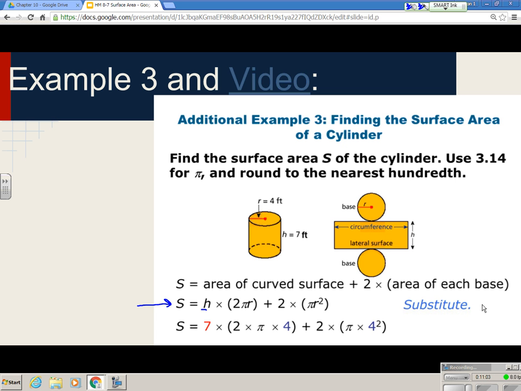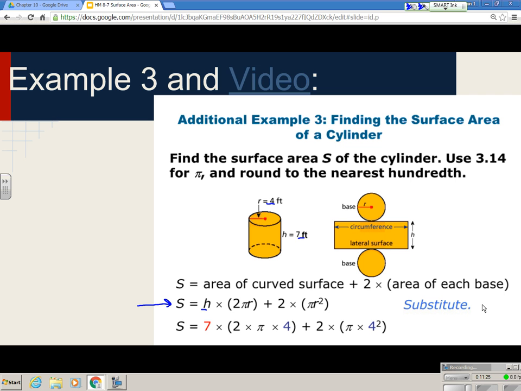So it's always going to be h for height, which here is 7 feet, times 2 pi radius, 2 times pi times the radius of 4, plus the two bases. So 2 times pi and radius squared, which again is 4, but 4 squared is 16.